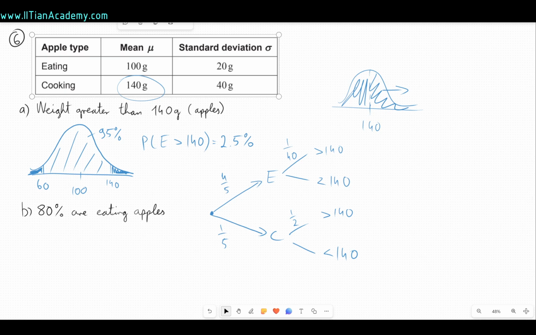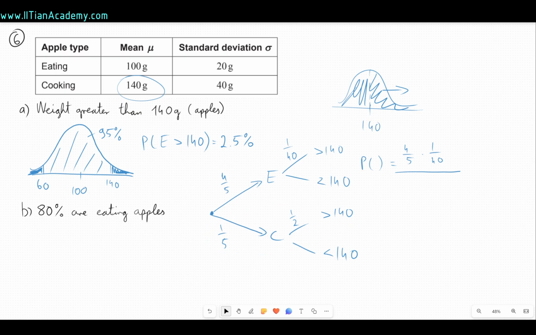So the probability that we pick an eating apple that is over 140 is 4/5 times 1/40. And then we need to divide this by the total number of cases we can have, which is simply the probability of picking an eating apple and it's above 140, and picking a cooking apple and it's above 140, right?